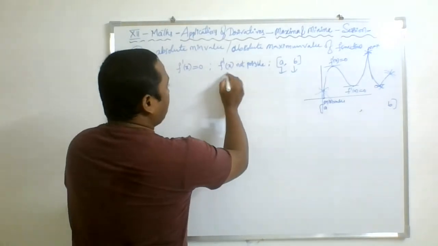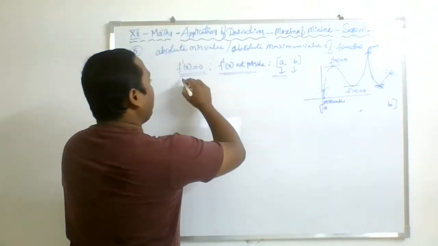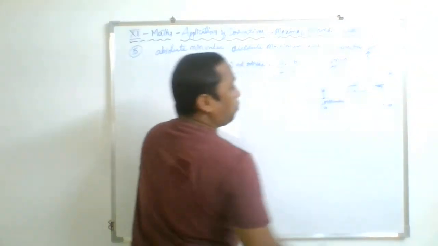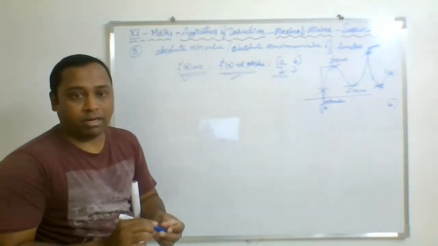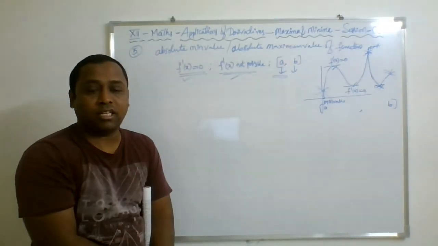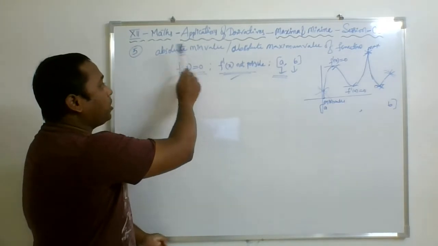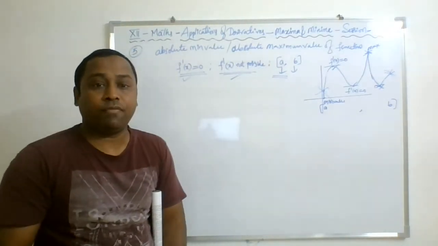So we take those critical points where the derivative is 0, and where the graph is not differentiable. These are the two aspects to find the critical points when we are calculating the absolute minimum value and absolute maximum value of the function.